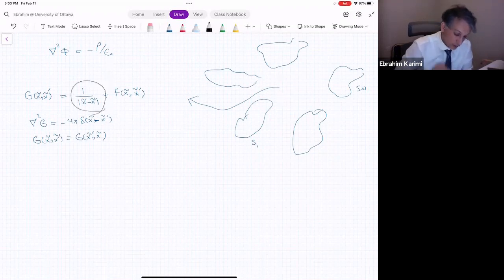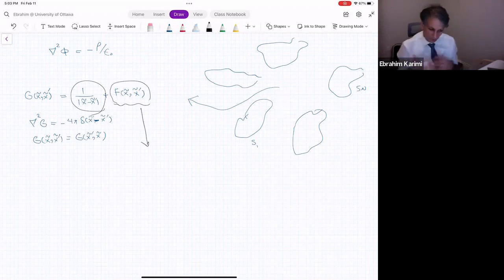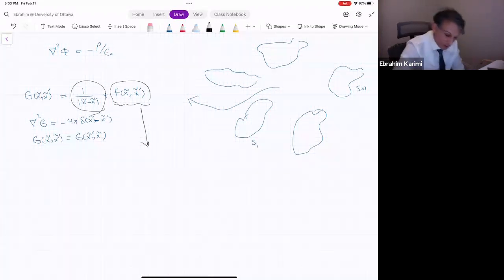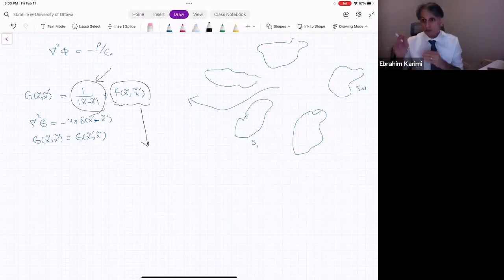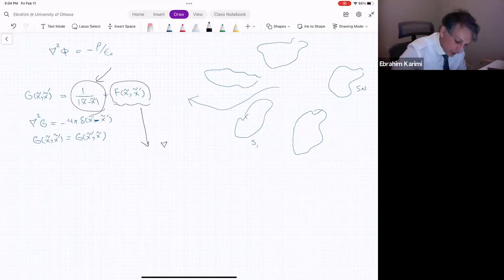If we look at that expression, we have two terms. One term is the Green function that we know is associated with the charge distribution. In order for the boundary condition to be satisfied, we have another term, because we know very well that the Laplacian of the first term will always be minus 4 pi delta of x minus x prime. So for the second term, the Laplacian of f must be equal to 0.